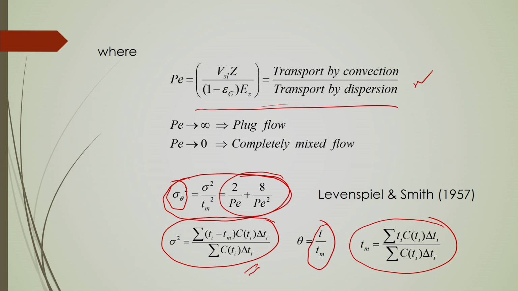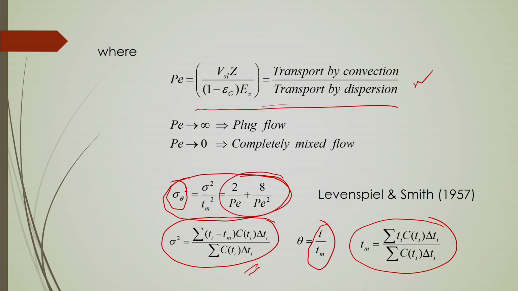If the Peclet number goes to infinity, then you can say it is plug flow, with uniform flow, whereas if the Peclet number tends to 0, then you can say there will be complete mixing of the gas and liquid. So, based on your Peclet number data you can get the degree of mixing in between. This is the way to find the Peclet number.